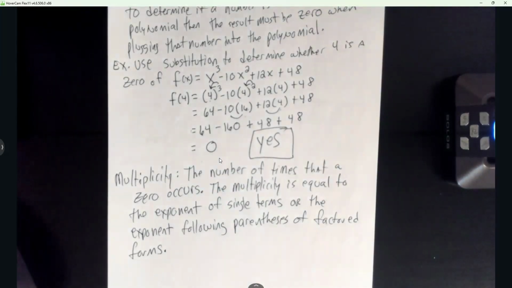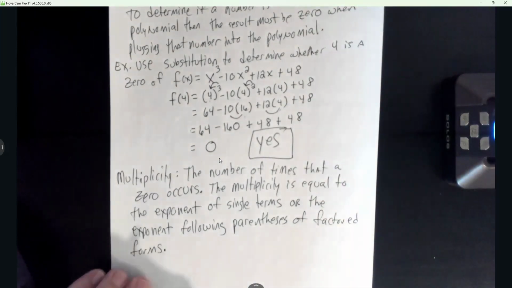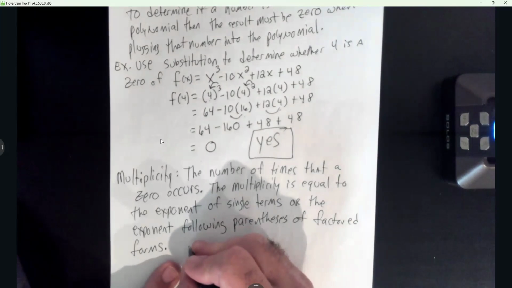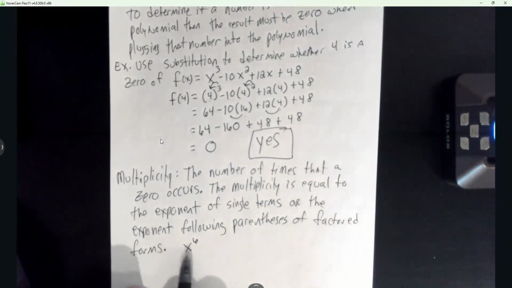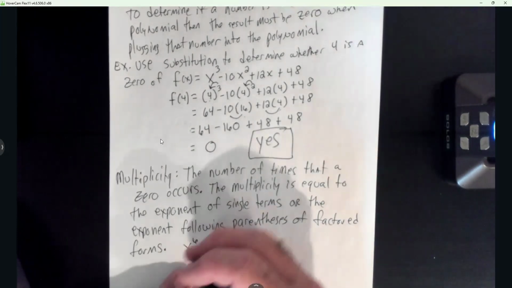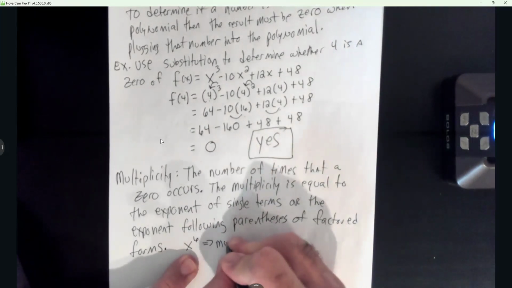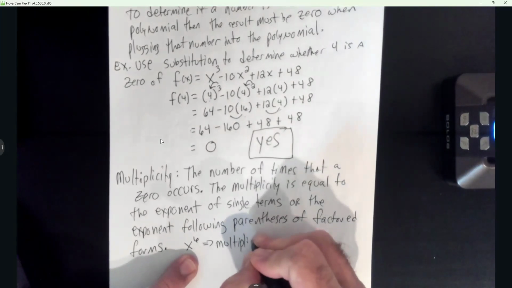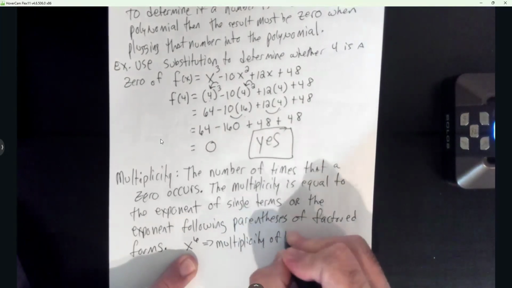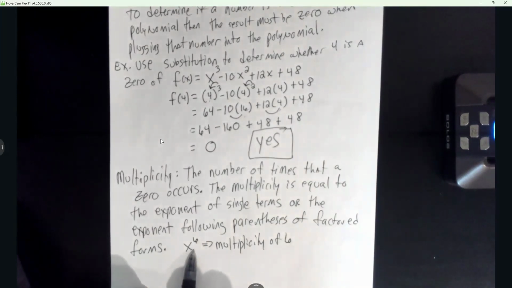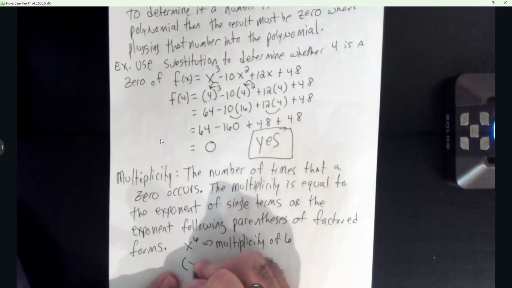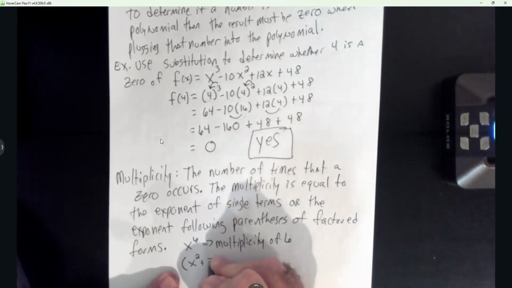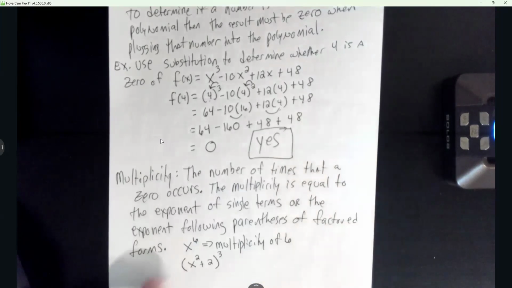So y'all, let me show you what I'm talking about. An example of a single term, if I had something like x to the 6, that's a single term. This would have a multiplicity of 6 because it's a single factored term, okay? Now, if it's in parentheses and I had something like this, x squared plus 2 cubed.